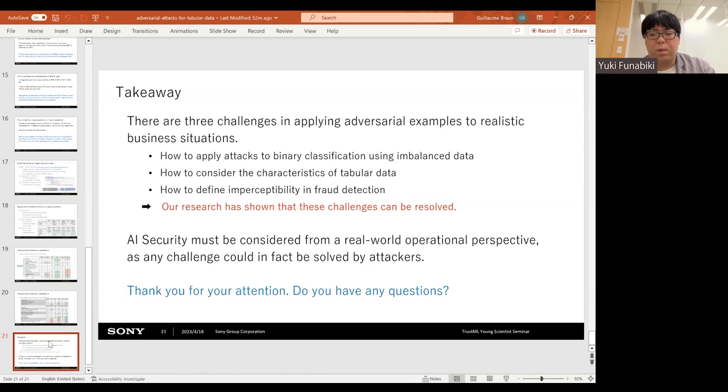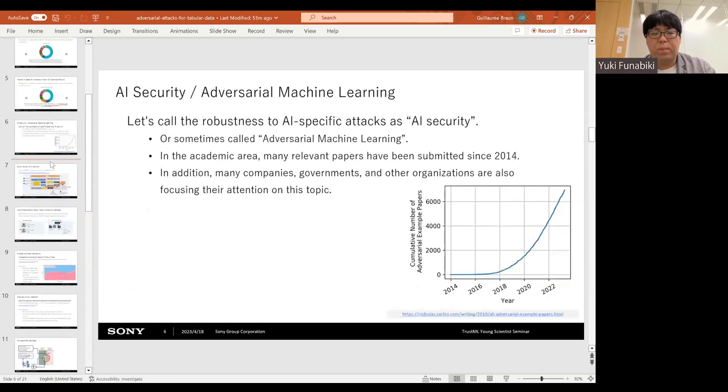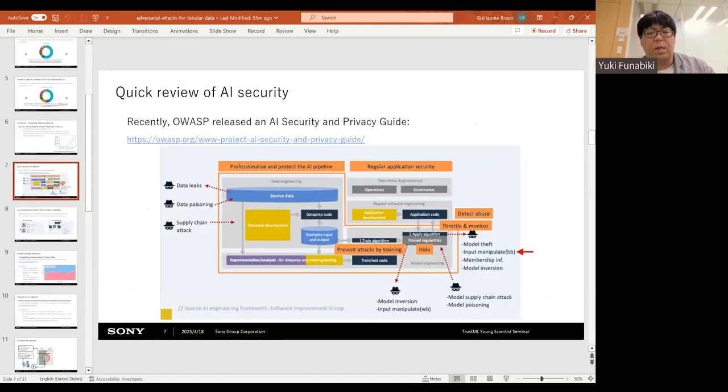On the other hand, in the adversarial machine learning field, poisoning attacks and other attacks are a very hot topic. And I think some other attacks could affect adversarial examples.